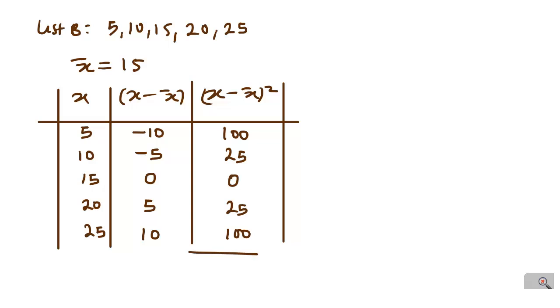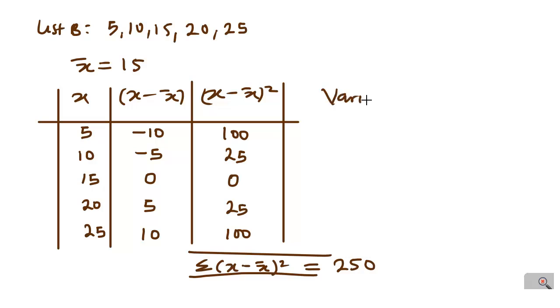All right, so if you take the sum of this, it will give us the summation of x minus x bar squared, and that will give us 100 plus 25, 125, plus 25, 150, plus 100. That will give us 250. So having gotten that, we can therefore say that the variance will now be equal to 250 divided by 5.